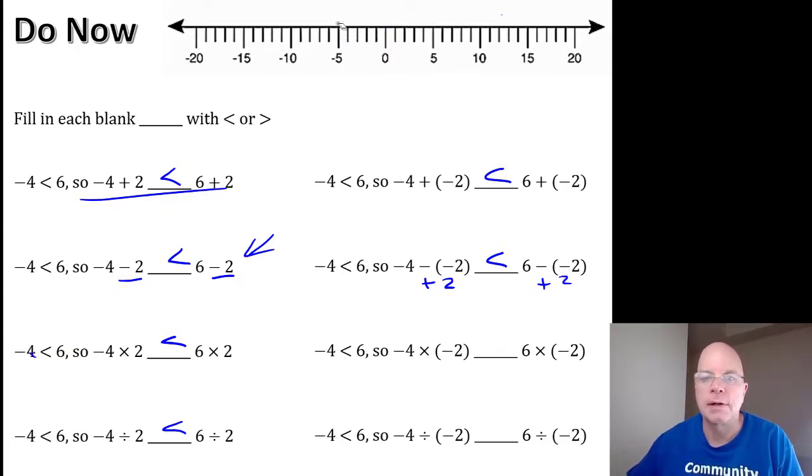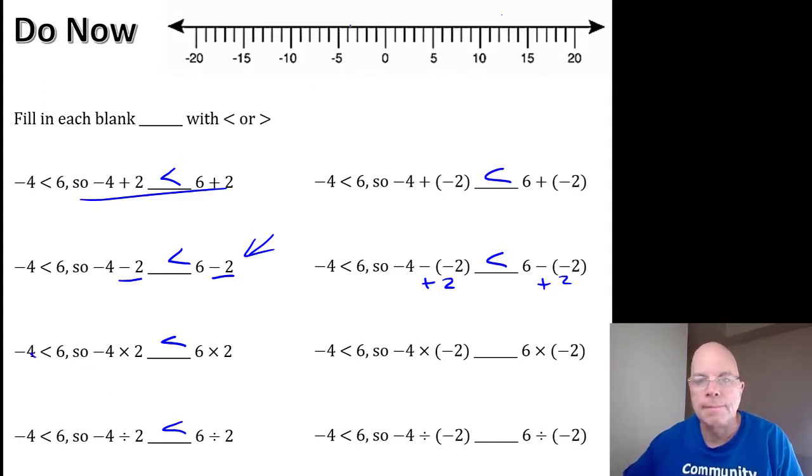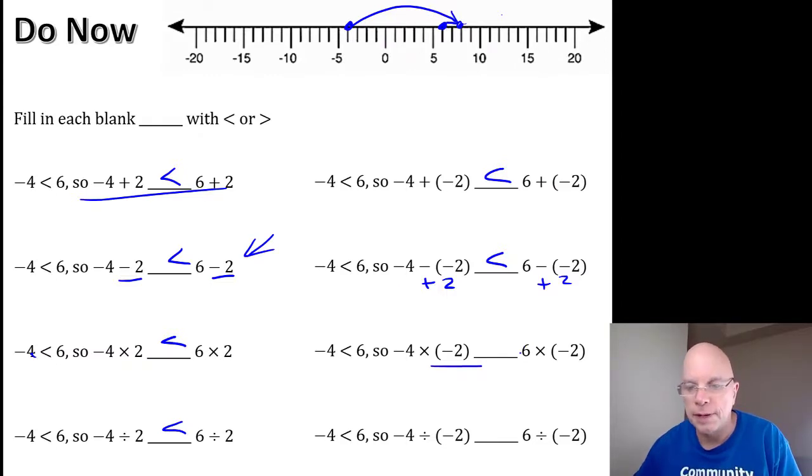But if you start with -4 and +6, if you multiply -4 by -2, it becomes +8. It goes from there to here. And if you multiply 6 by -2, it becomes -12.